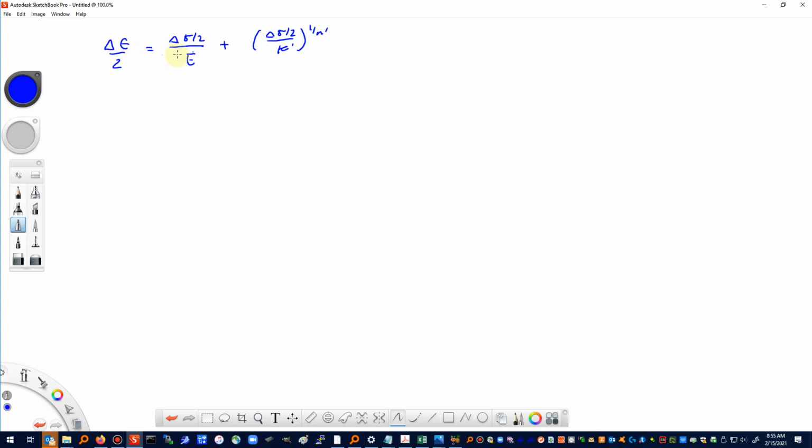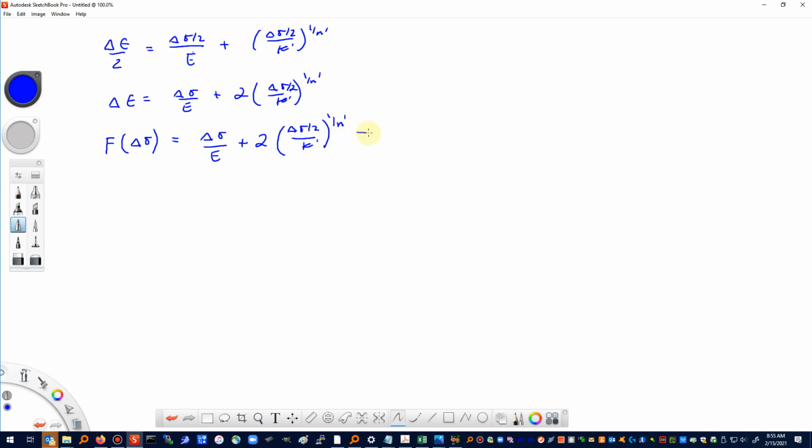Now we could multiply both sides by 2, and let's go ahead and do that. And we're going to find our F of delta sigma as delta sigma over E plus 2 times delta sigma over 2 divided by K prime to 1 over N prime power, then minus delta epsilon.